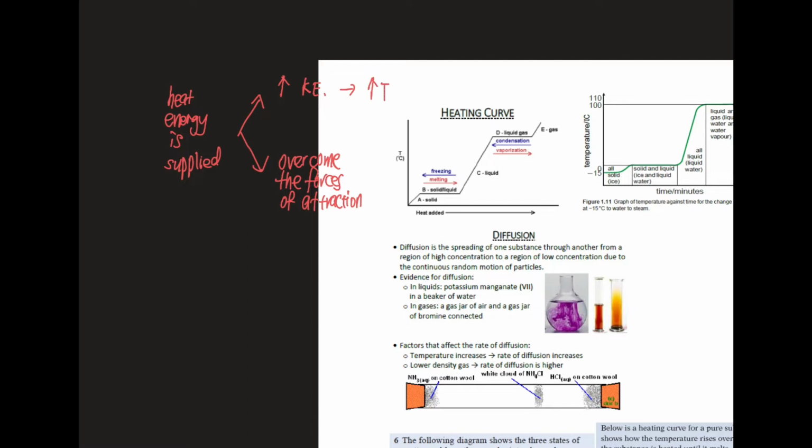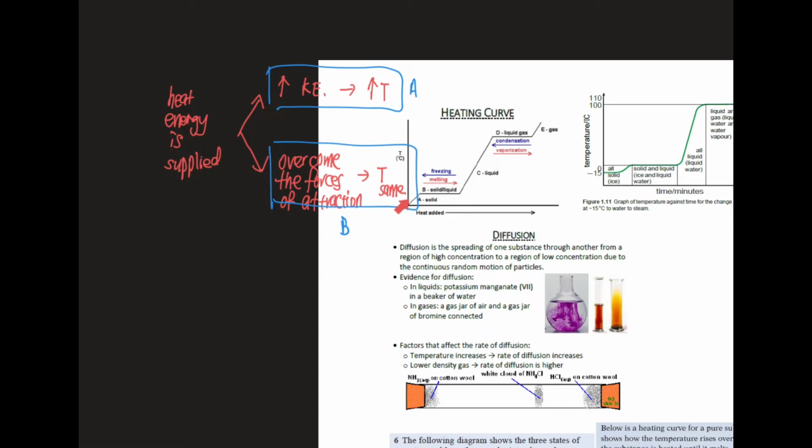If there is an increase in kinetic energy, the temperature will increase. If they use the heat energy to overcome the forces of attraction, the temperature will stay the same. If you have these two concepts, everything should be easier. Let's call the first A and the second B.